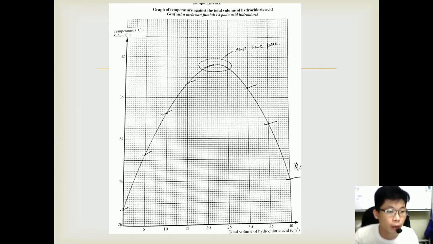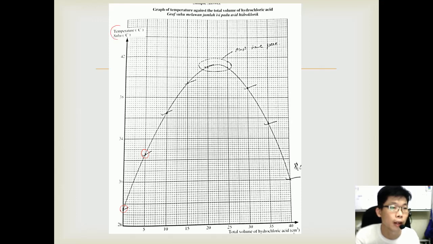Remember, all the points must be drawn clearly, and this one must be a peak of the curve. So you can see the temperature increases to the peak or the highest temperature, and then it drops back and decreases again.